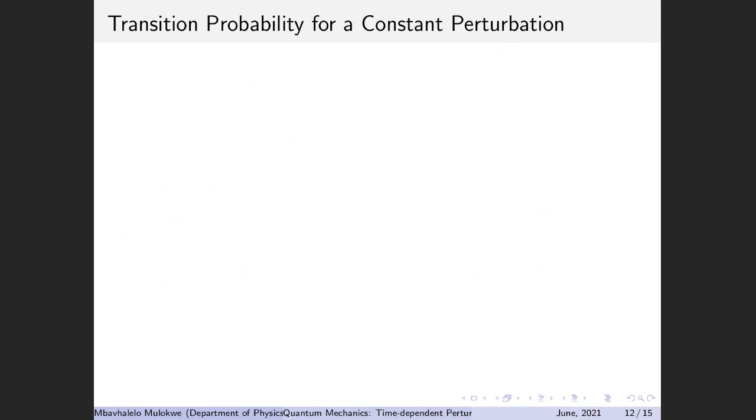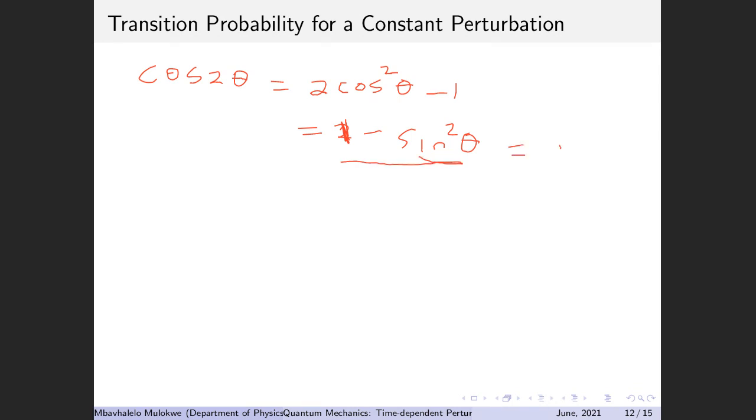If you go back to high school, I think you had cos 2 theta given by 2 cos squared theta minus 1, which was 1 minus 2 sine squared theta. So this gives you cos 2 theta. So this means that you can solve for sine squared theta.